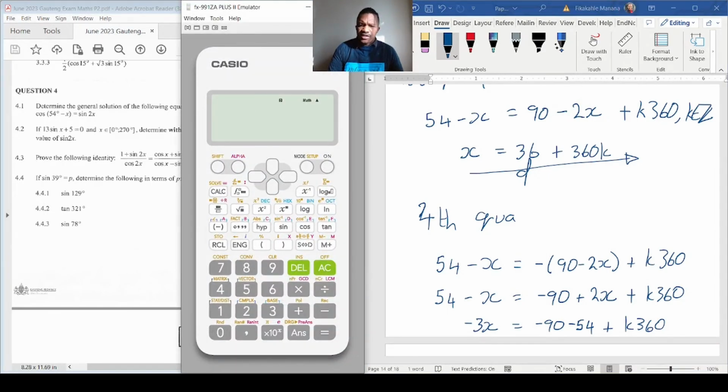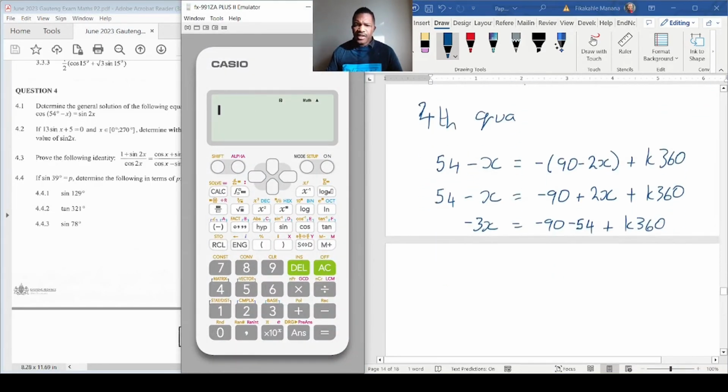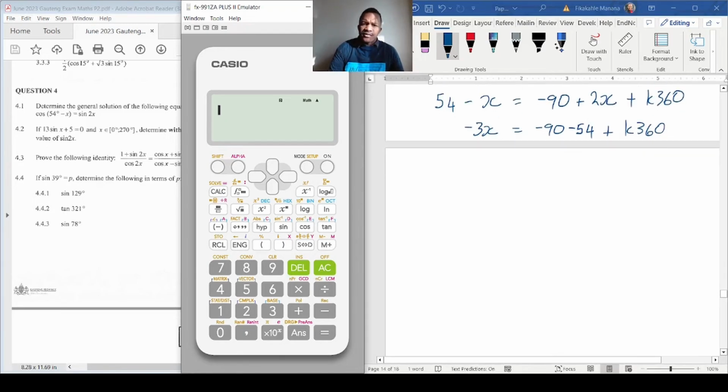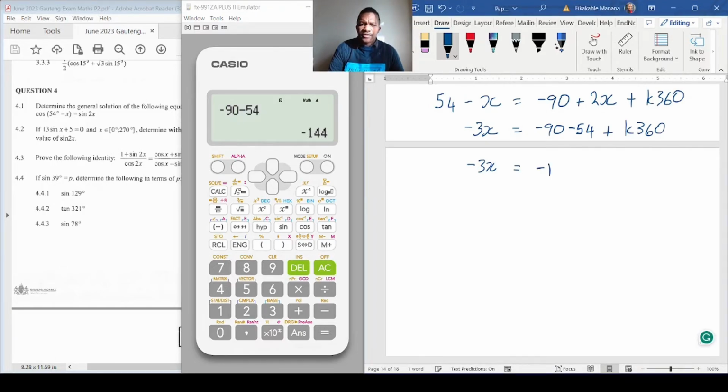Let's get a calculator. We get minus 144 plus 360k.